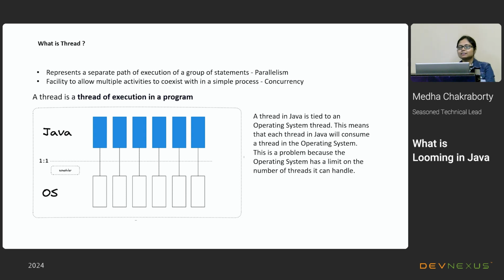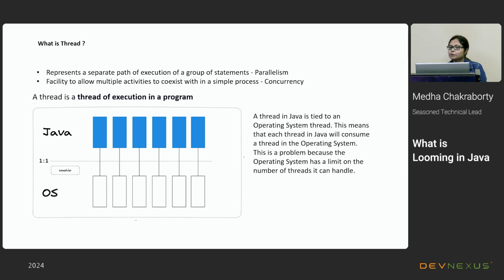To understand this, we have to go a bit deeper to understand what a thread is, right? A thread is a thread of execution of a program, and Java is all made up of threads. We all know that. And there can be two flavors of how you can use threads.